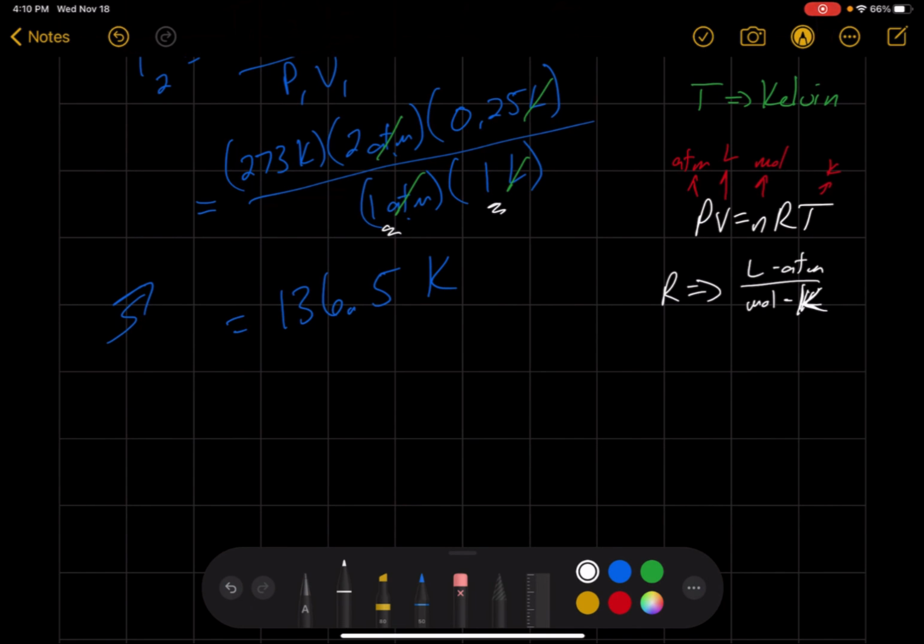The other thing I just want to point out is that this is in Kelvin, and oftentimes they want the value in Celsius. So make sure to read the problem, and if it's talking about temperature, make sure that you give it in Kelvin or Celsius, depending on what it's asking for. The formula that you always see is Kelvin is equal to Celsius plus 273. Well, if we solve for Celsius, that would be Kelvin minus 273.